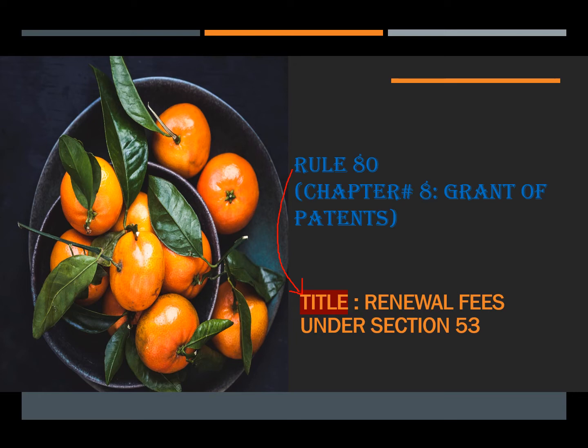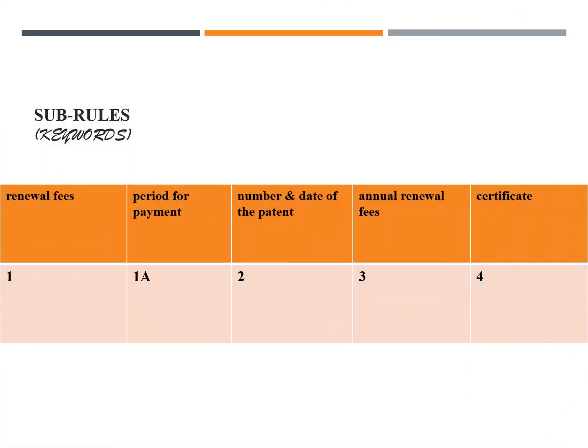Okay friends, so let us continue. As I always say, I have picked up some keywords from the sub rules of rule 80. The keyword for sub rule 1 is renewal fees. Keyword for sub rule 1A is period for payment.